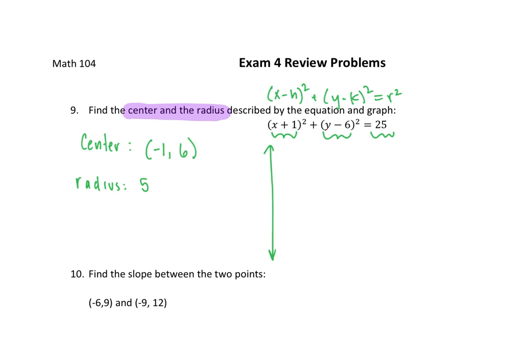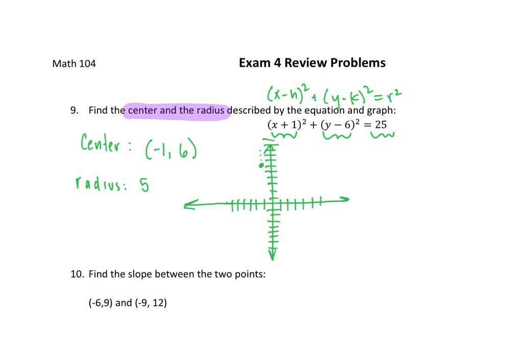Now the problem does ask us to graph it. So let's see. I'm just going to make a little coordinate. I have the center at negative 1, 1, 2, 3, 4, 5, 6. And then from my center, I'm going to go up, down, left, and right, 5 units, and make a circle. So let's see.